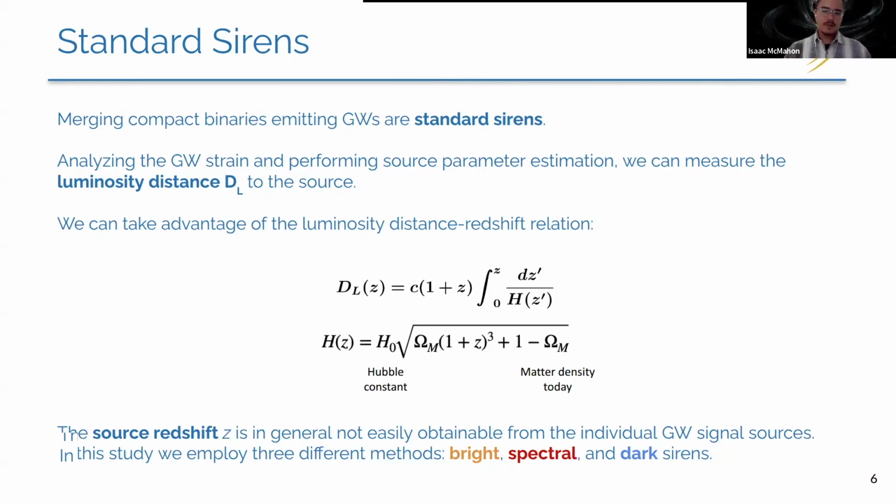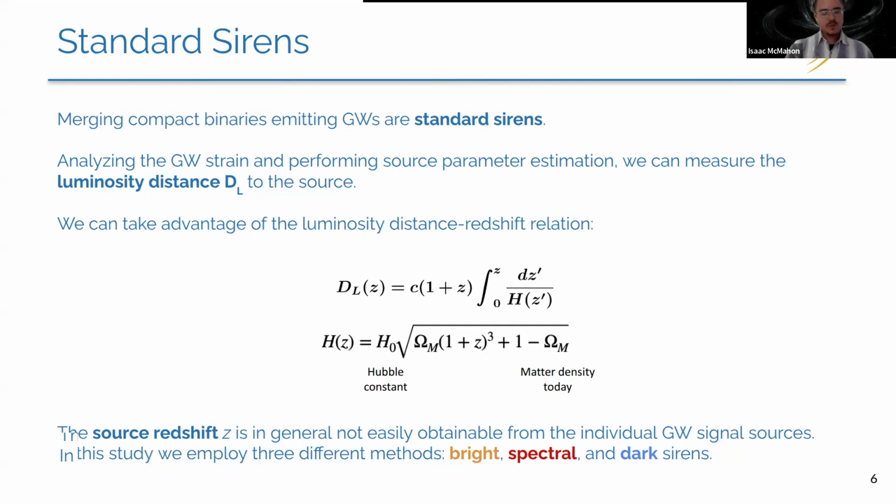But the one that we're really interested in today is the Hubble constant. So if you have a measure of the luminosity distance and you have a measure of the redshift for one particular object, you can then get a measurement of the Hubble constant, which is supposed to be global for all of space at the same time.